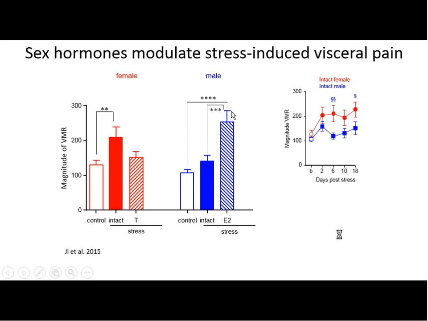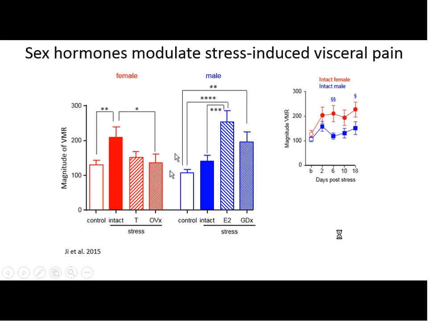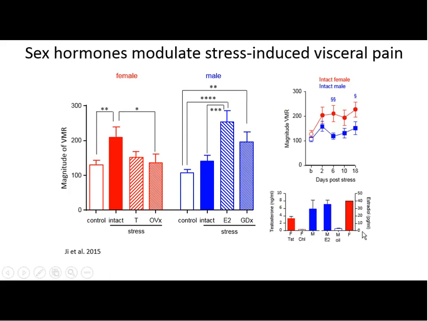If you give the male rats estrogen, they show a female response or even greater. If you ovariectomize the females or gonadectomize the males, females show no effect, males show something in between and a female effect. And the hormone levels here were titrated to be what would normally be found in males and females.